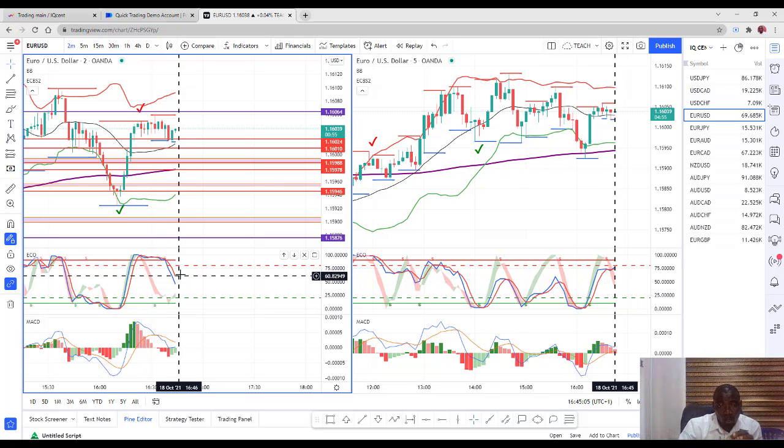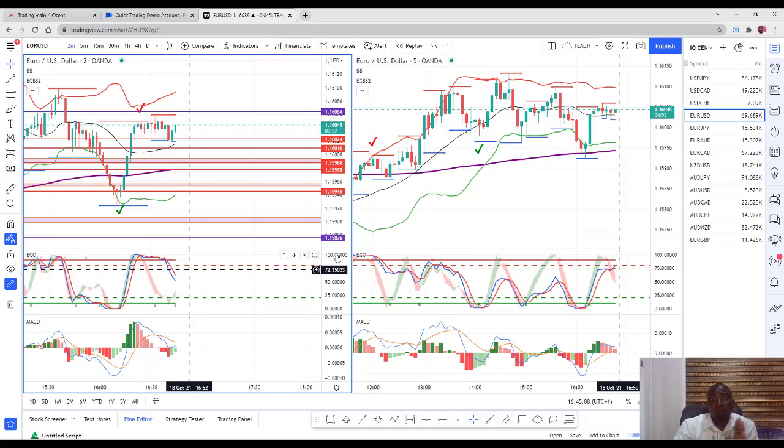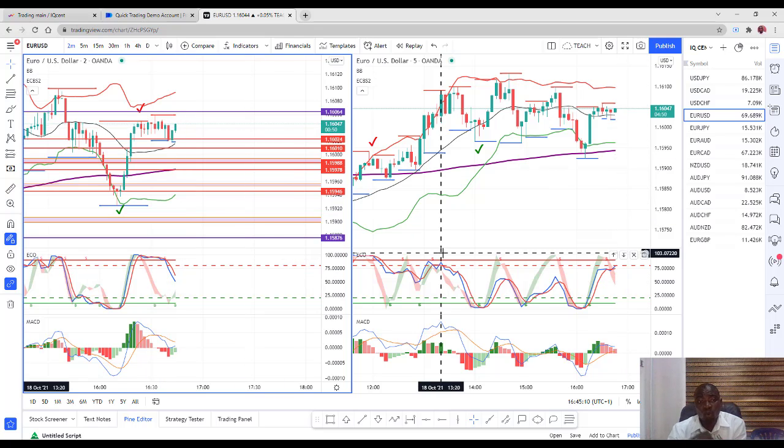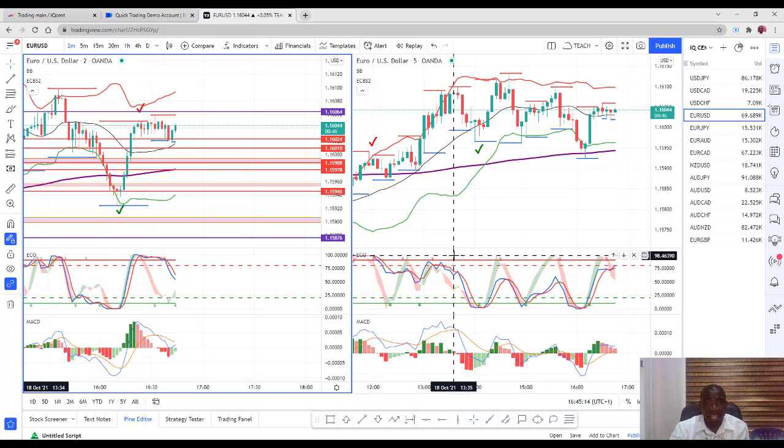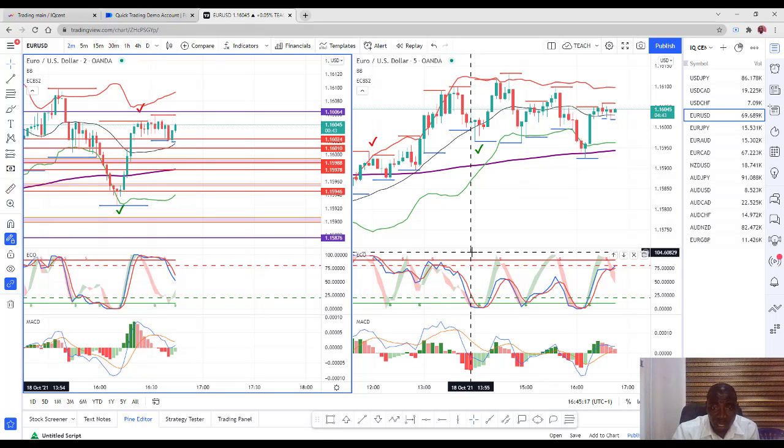I hardly enter into such until both time frames are in the same direction, either for a sell or for a buy. So that's why I don't use the currency strength meter, and that's why I don't even bank on what the news is saying.